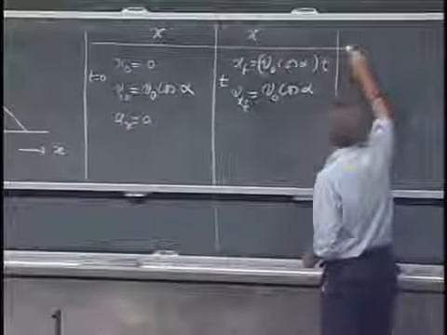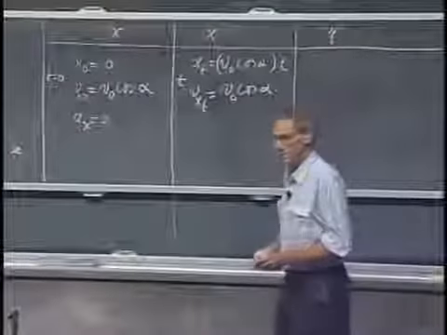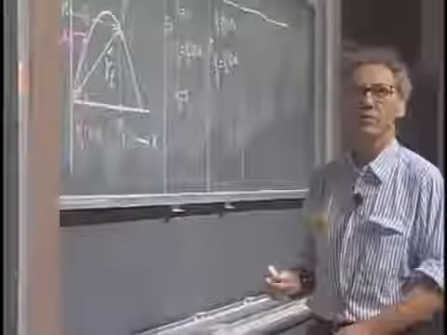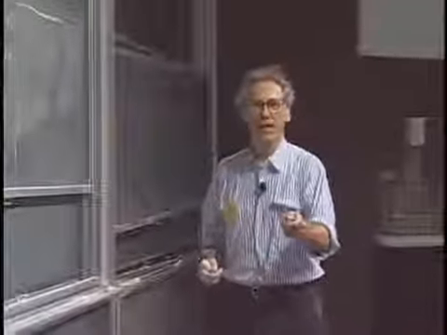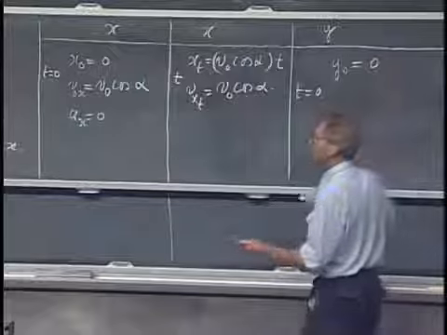Now we're going to do this for the y direction. And now you begin to see the gain for the decomposition. In the y direction, we change the x by a y. And so we do it first at t equals 0. So look there. This becomes y0, I call that 0. I can always call my origin 0.